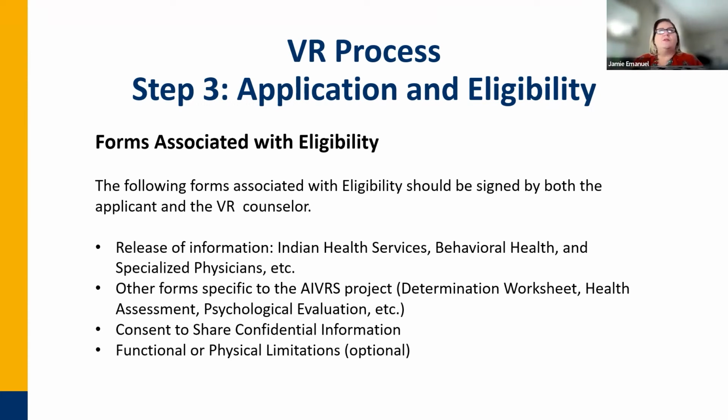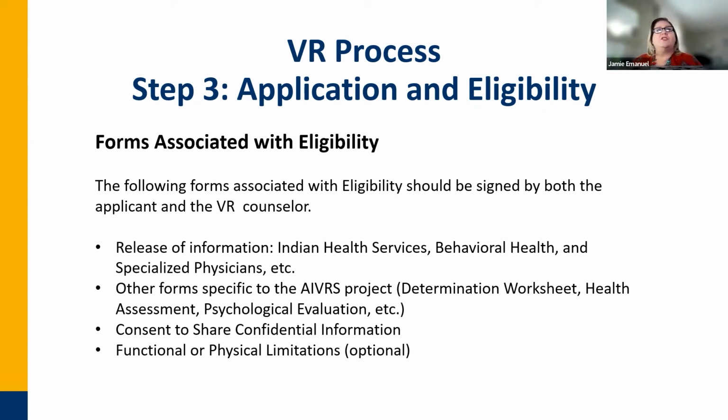Other forms specific to your particular AIVRS project. For example, I used a determination worksheet when I was trying to determine eligibility. And we have examples of those in the toolkit. Also, any type of health assessments, a psychological evaluation. If you're doing any assessments, you may need to specifically have a release form for your agency or for your project.